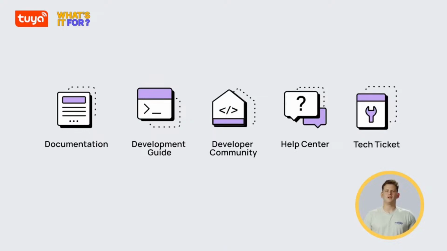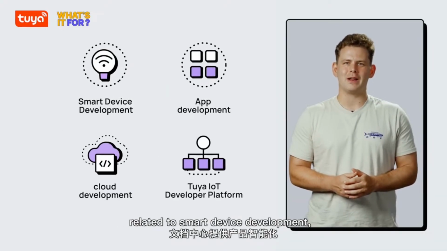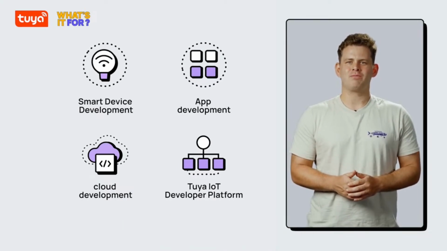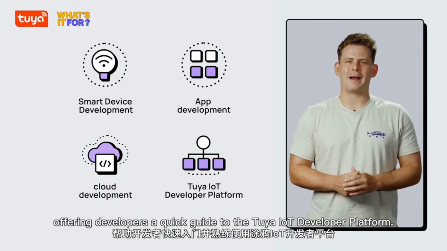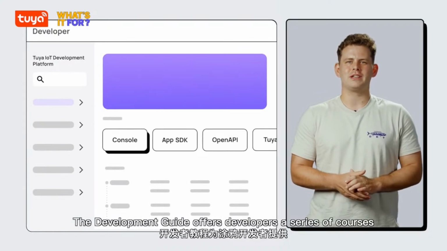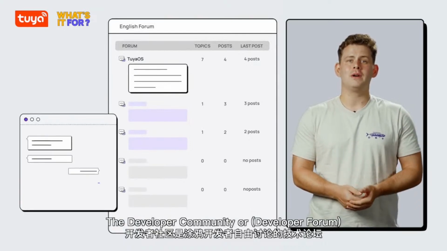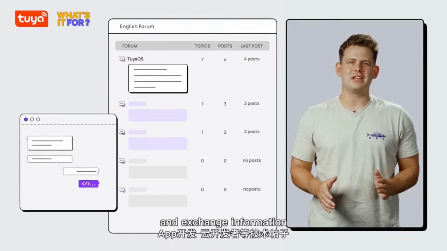and tech ticket. Documentation provides technical documents related to smart device development, app development, cloud development, and other Tuya businesses, offering developers a quick guide to the Tuya IoT developer platform. The development guide offers developers a series of courses on one-stop development. The developer community or developer forum serves as an online place where Tuya developers can share and exchange information.